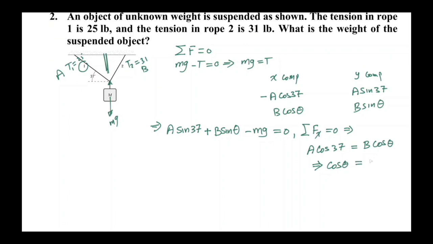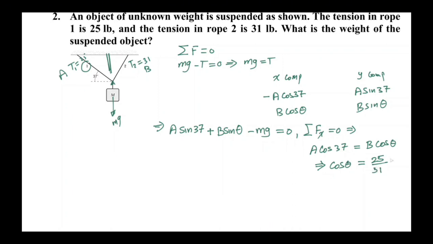you will find that cosine theta is actually equal to 25 divided by 31 times cosine 37, and theta will be equal to 50.2 degrees.